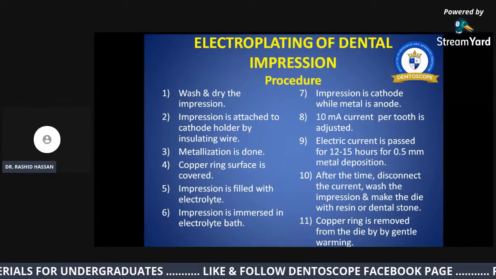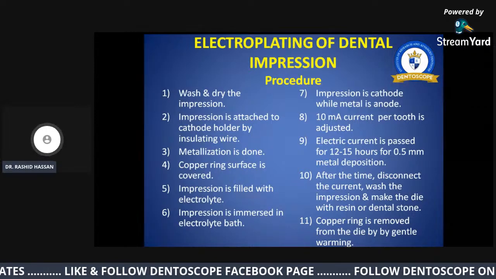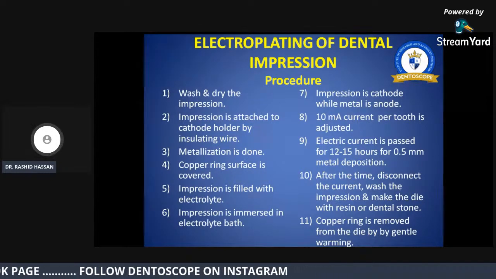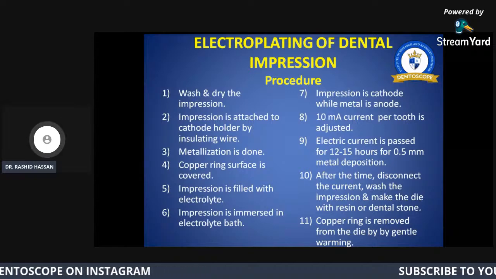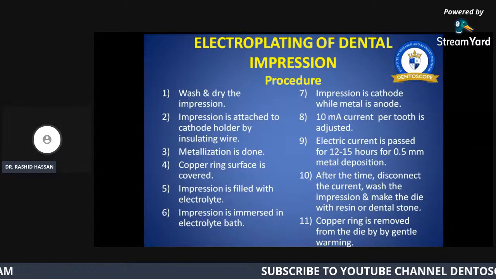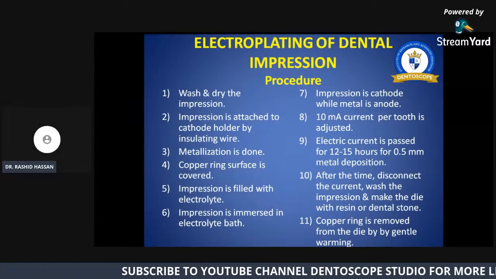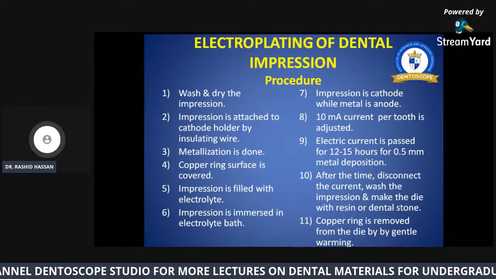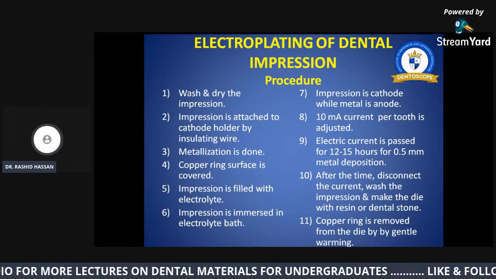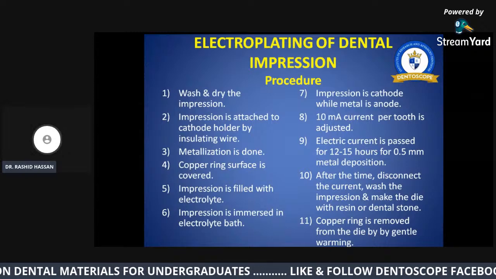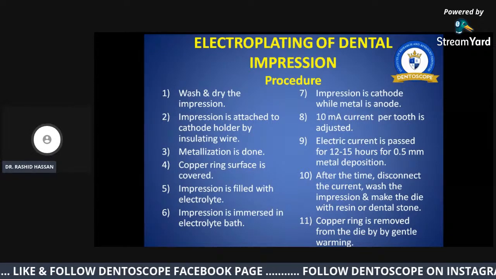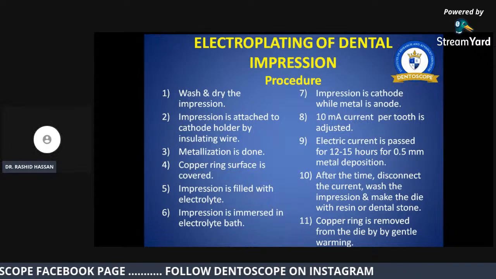For every tooth, 10 milliampere current is adjusted. So if there are 3 or 4 teeth, you just multiply it by 3 or 4, whatever the number of teeth is. So here, this is the ninth point. This is what I was saying, that this is a very time consuming method.